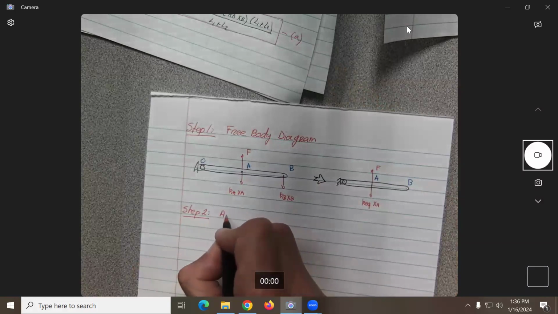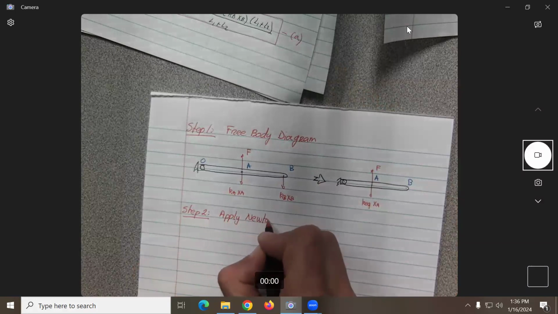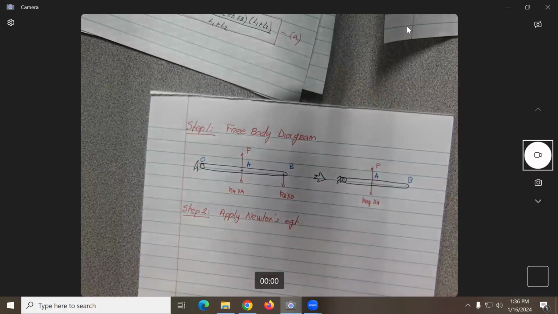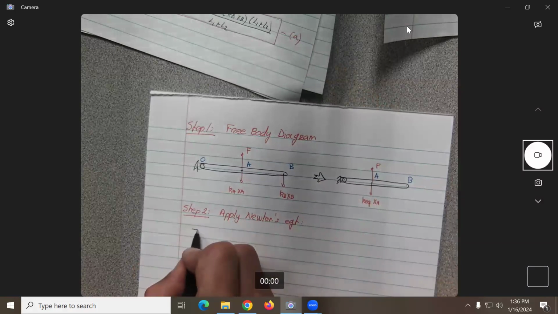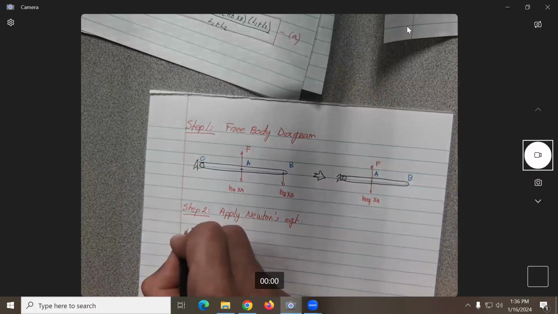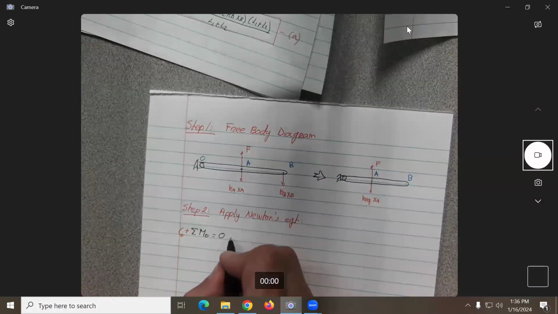Step 2, apply Newton's equation that we say we're going to apply: summation of moments about point O equal to 0. You need to define counterclockwise positive or clockwise, whatever you want, but you need to be consistent. So now this will give you what?